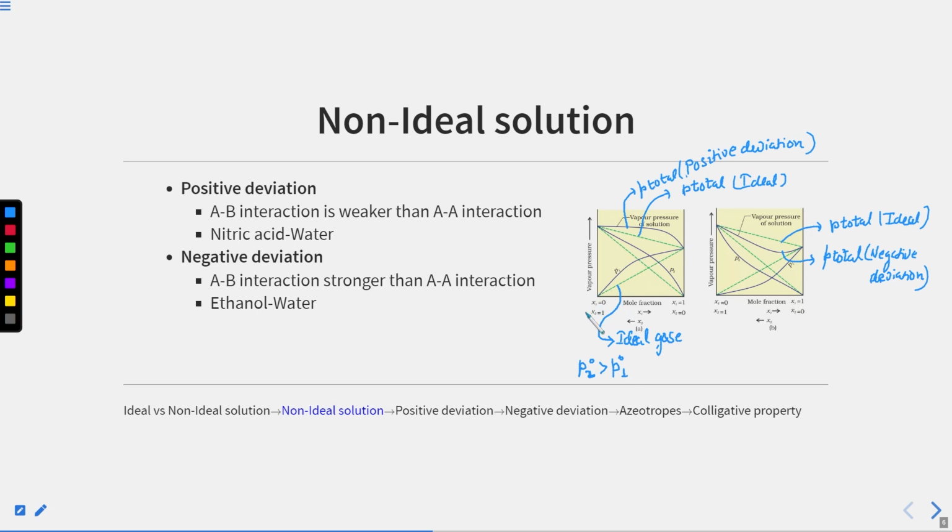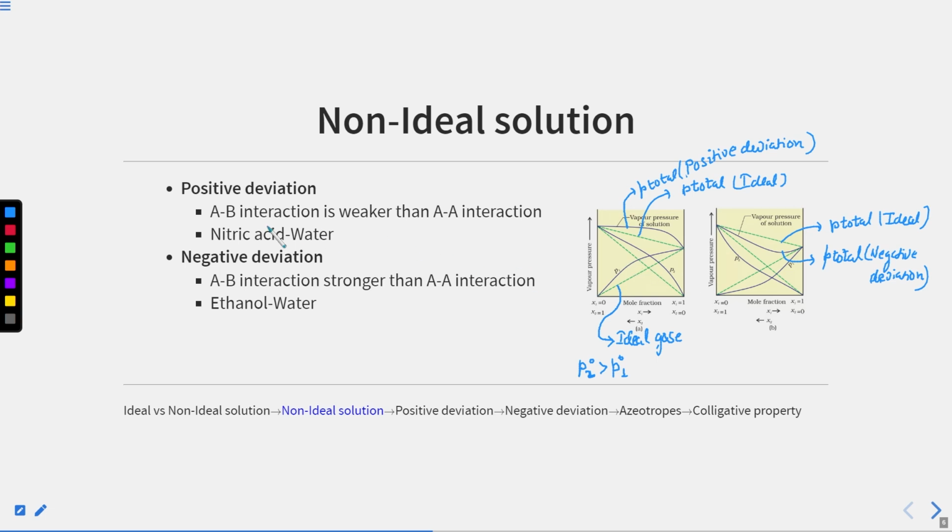So component 2 is only present here, because x2 is 1 here. Now slowly we are removing x2 and introducing x1. So it is decreasing because P naught 1 is less. The effect of 1 will increase, hence the pressure will decrease. We have discussed this graph earlier, so we will not discuss it right now.